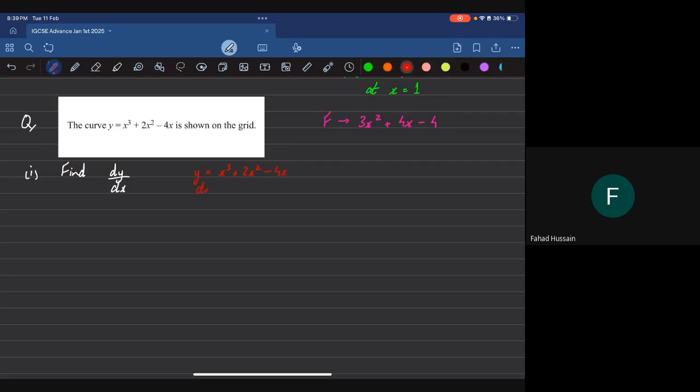And if I calculate the derivative, you take the power to the front, so it's 3x, and you subtract 1 from the power, so 3 minus 1 is equal to 2. Plus, you take the power to the front again, so 2 times 2 is 4x, and you subtract 1 from the power, which is 2 minus 1, which is equal to 1. You shouldn't write it. And over here, x has the power of 1. You take it to the front. 1 times 4 is 4.